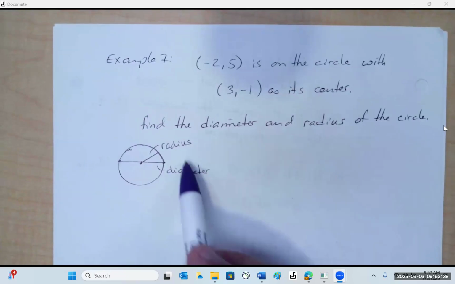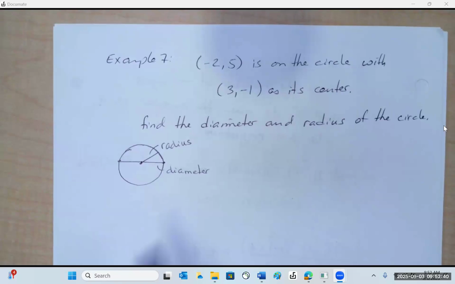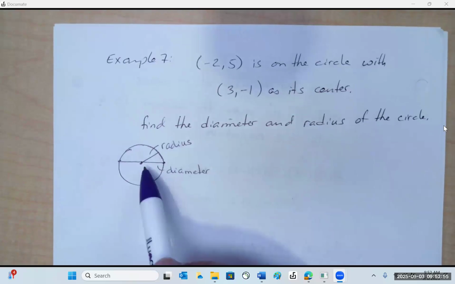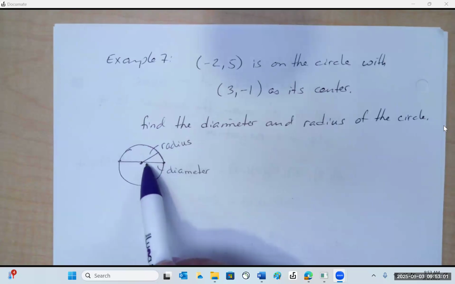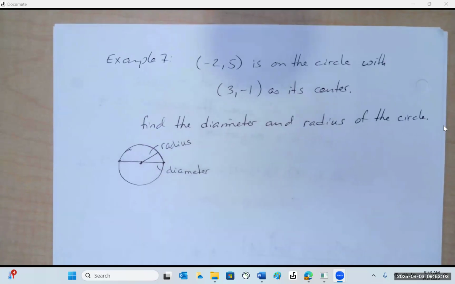So is there a formula we can use for both of these? Well, how are diameter and radius related? Remember, radius is from the center to the circle. Diameter is from circle to center to circle.